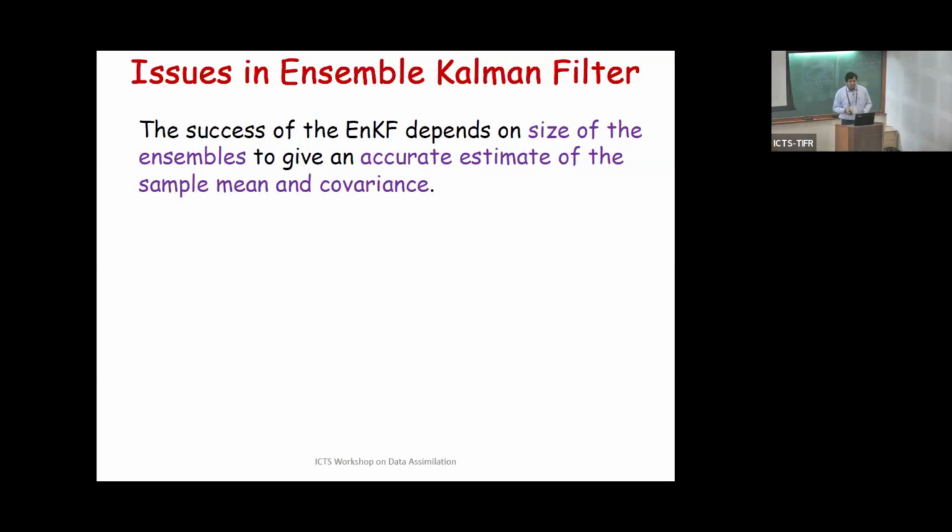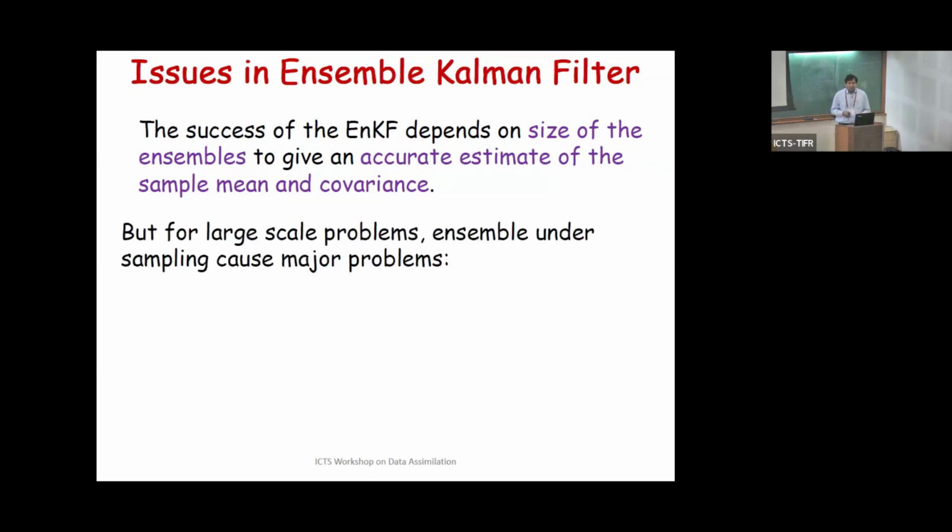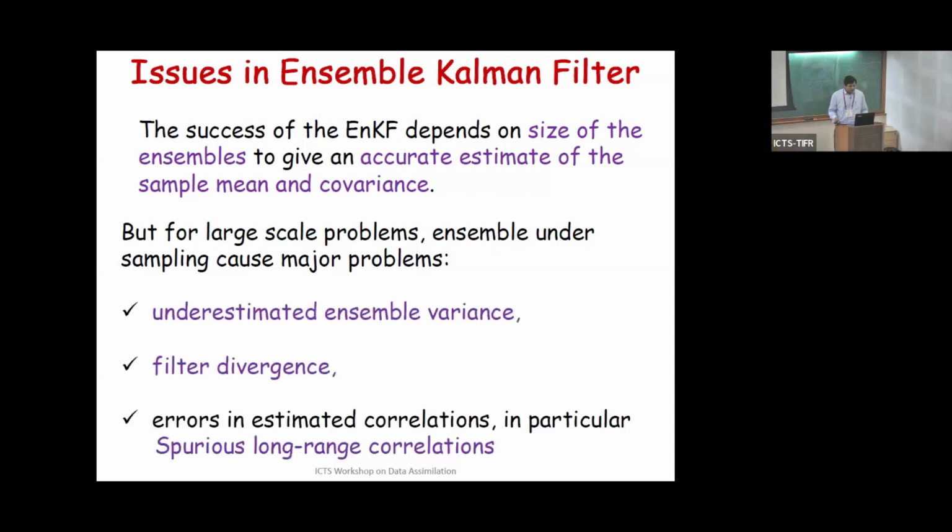Still there are some issues in the ensemble Kalman filter. One problem is that the ensemble Kalman filter depends on the size of the ensemble. But for large scale or high dimensional problems, generating a very large number of ensemble members is itself an issue.